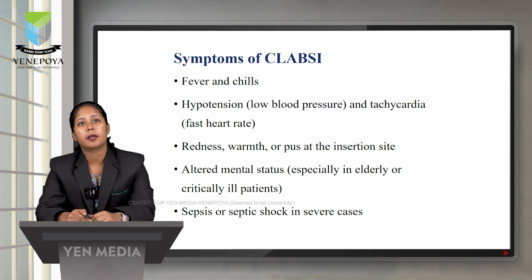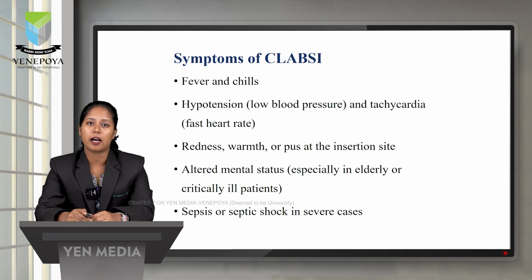Second one is hypotension, that is low blood pressure. The patient will have low blood pressure and tachycardia, a fast or increased heart rate. There may be redness and warmth or pus at the incision site where the catheter is inserted; in that area you can see redness or discoloration.